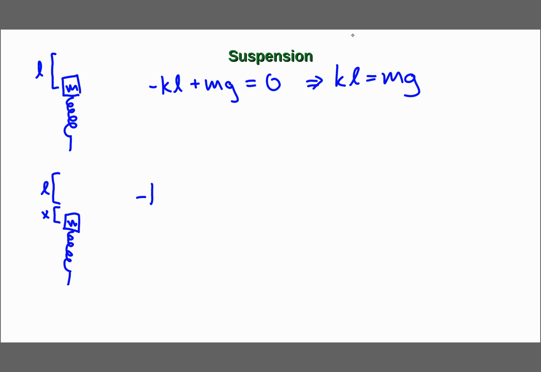The spring is always going to do minus kx, and in this case x is L plus x. You still have the force of gravity acting on the block, and now it's going to equal ma, because now there is going to be an acceleration. Now it's not at the equilibrium point. The equilibrium point was where the spring is just squished by L.